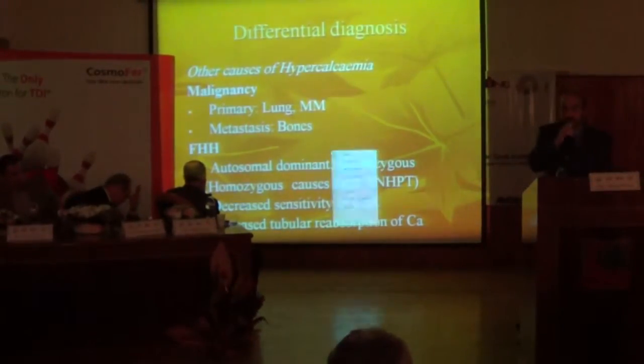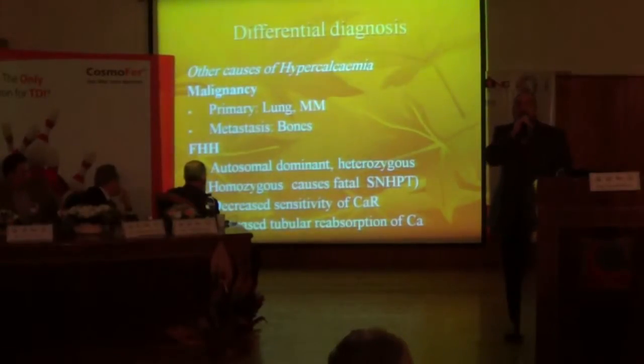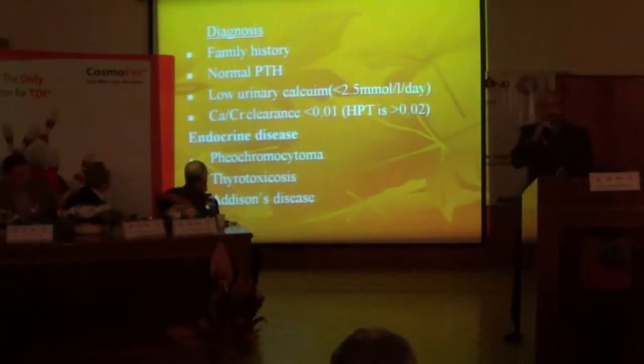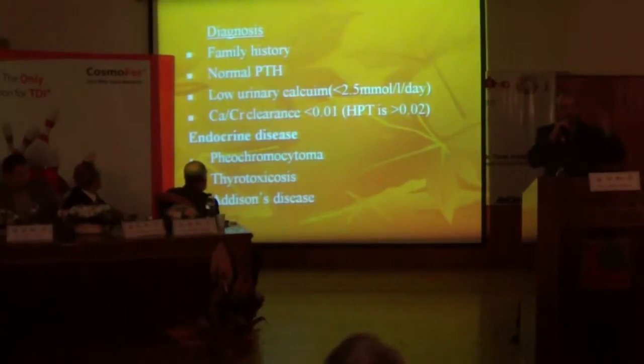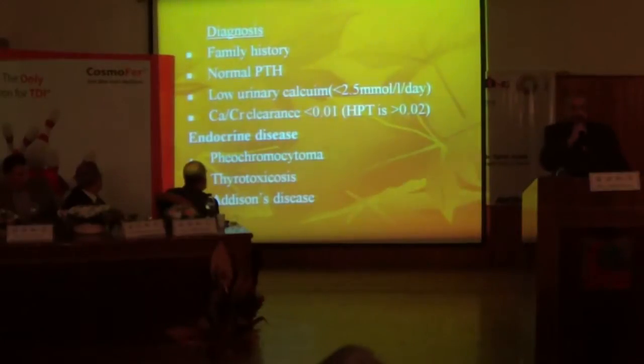PTH is normal, and this patient absorbs calcium from the tubules, so calcium excretion is low. So you have a family history, normal PTH, low urinary calcium. And to be more accurate and precise, calcium creatinine clearance will give the clue.